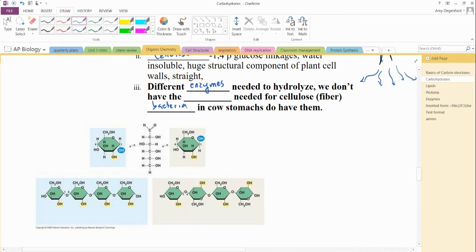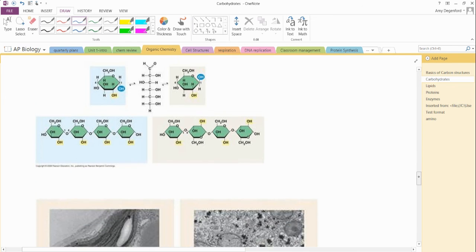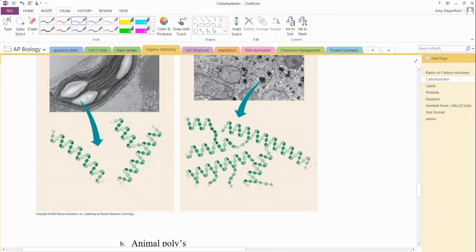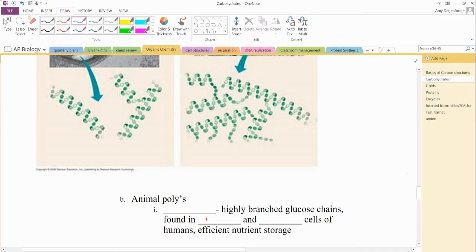And you can see the different starches on the left and cellulose is on the right. And it's just a matter of a slightly different bond, which creates different chemistry. And then down here we have the difference between animal polysaccharides. We have glycogen, and glycogen is this one on the right.